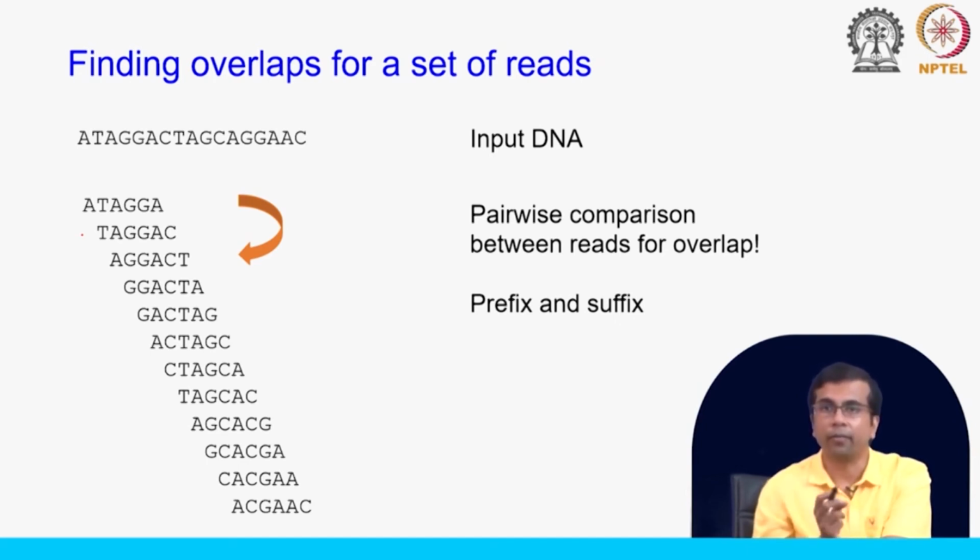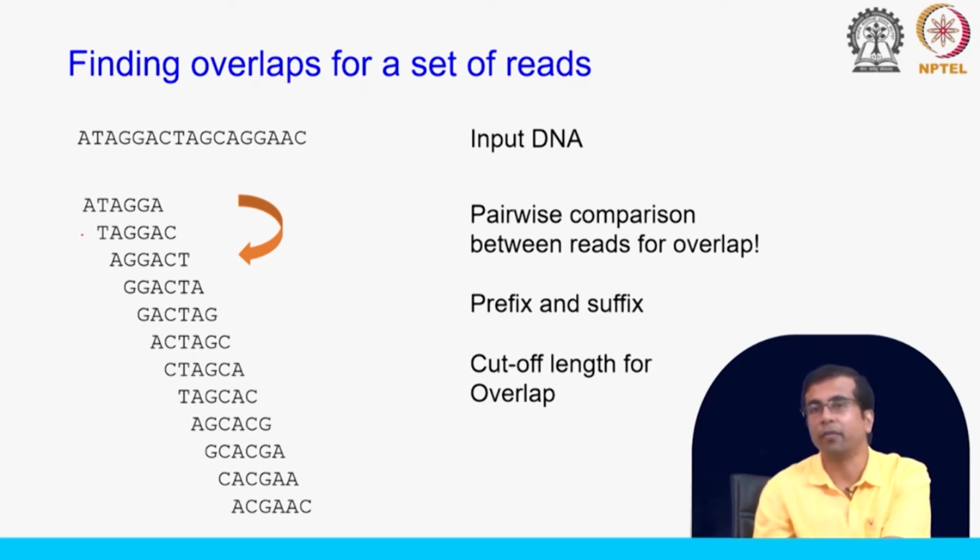Again, when we check for overlap, we also check the prefix and suffix part, meaning which read has the overlap in the suffix part or the prefix part, because this will decide the direction of the edge in the directed graph. In addition, we also have something called a cutoff length for overlap. We do not consider just a one base overlap or two base overlap as an overlap.